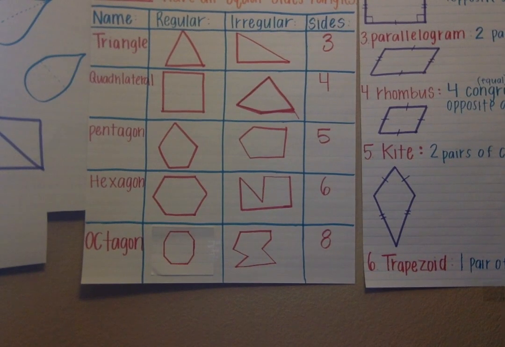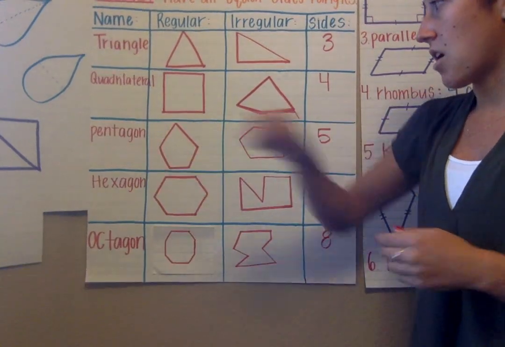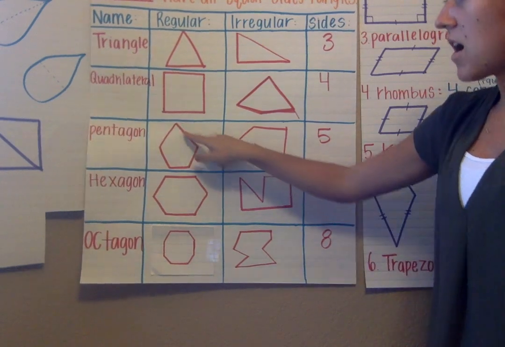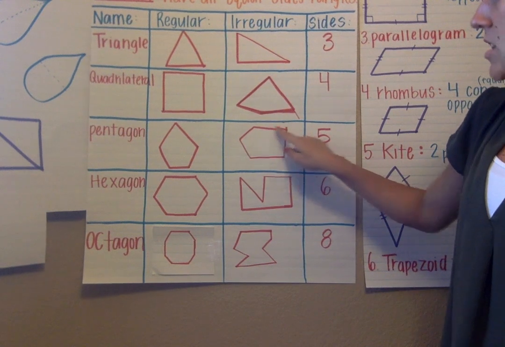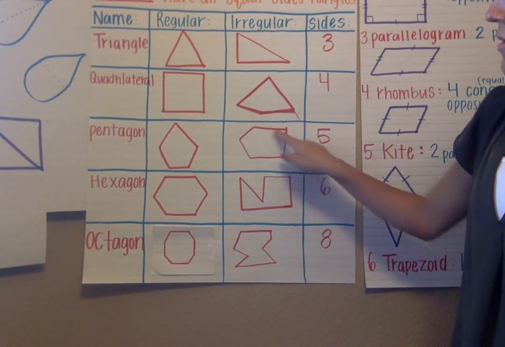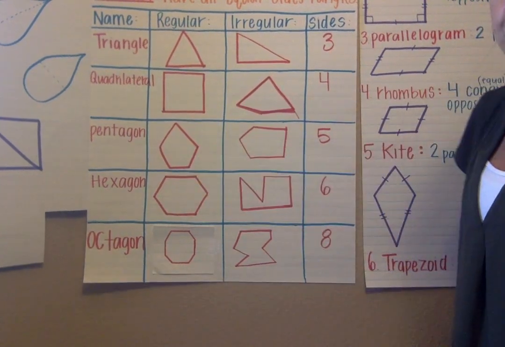So we are now on number 5. 5 is called a pentagon. So pentagons have 5 sides. A regular pentagon has 5 equal sides, whereas an irregular pentagon has 5 sides that are all different lengths. So again, it looks like a silly shape. It doesn't look like a normal one like this.